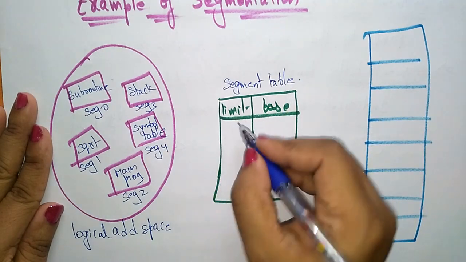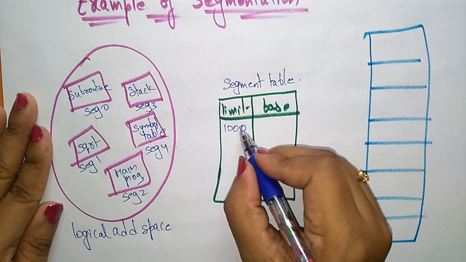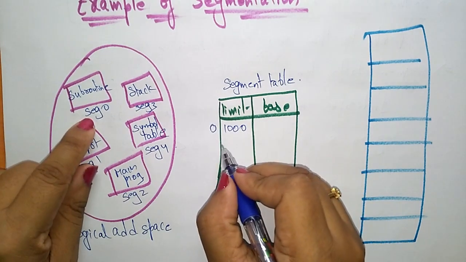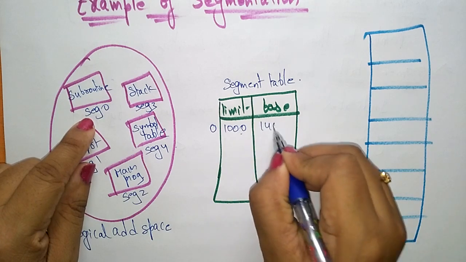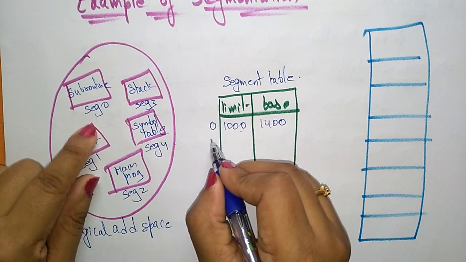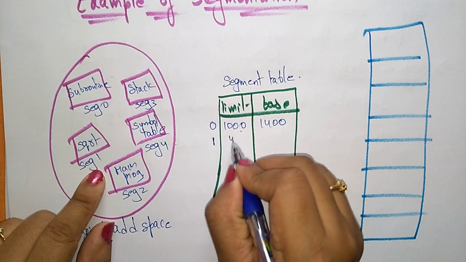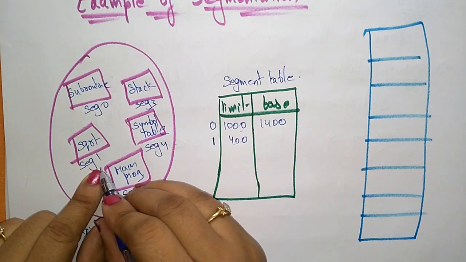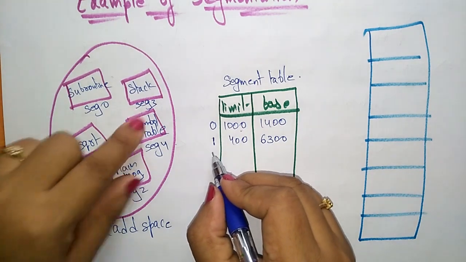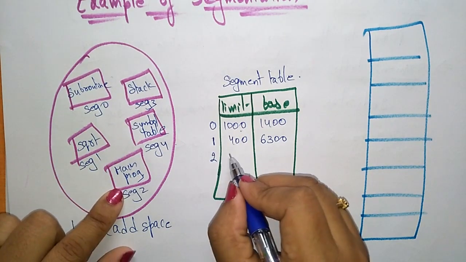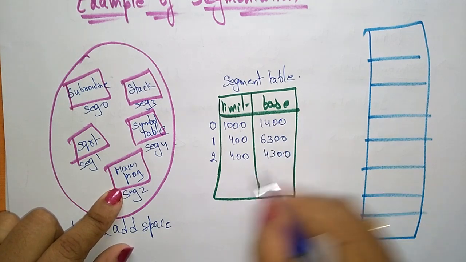In the segment table, the limit is, let us suppose, the length of segment 0 is 1000 and the base, the starting address, is 1400. The length of the segment square root is 400 and the base address, the starting physical address, is 6300. Segment 2 has limit 400 and starting address 4300.